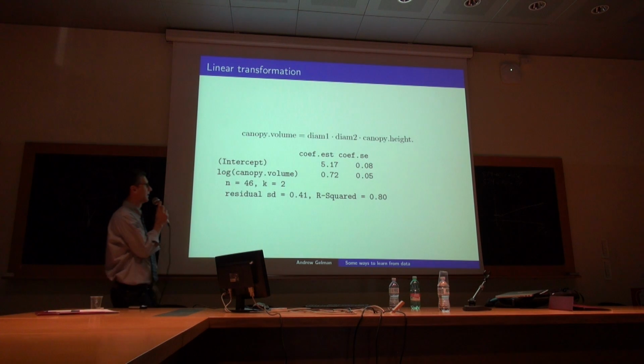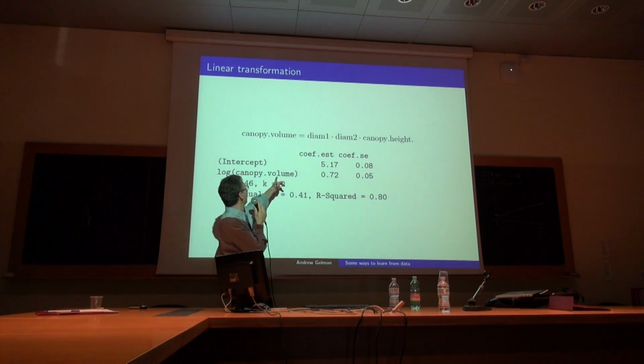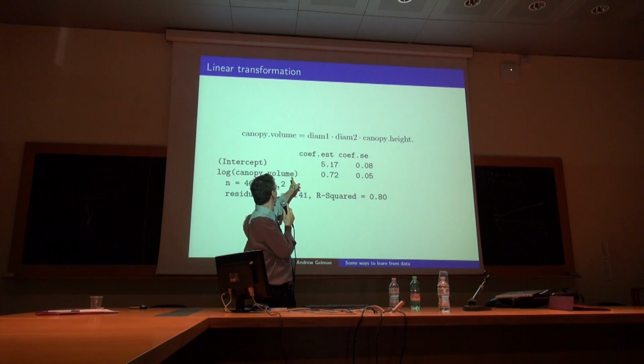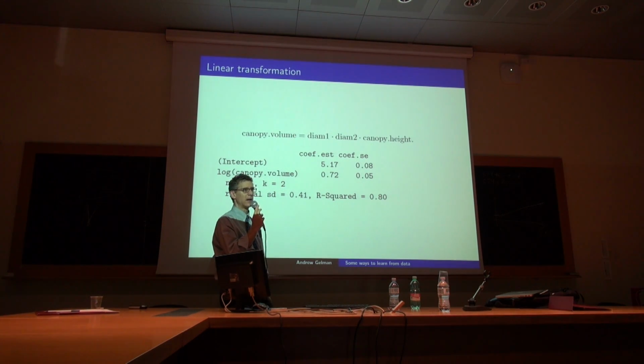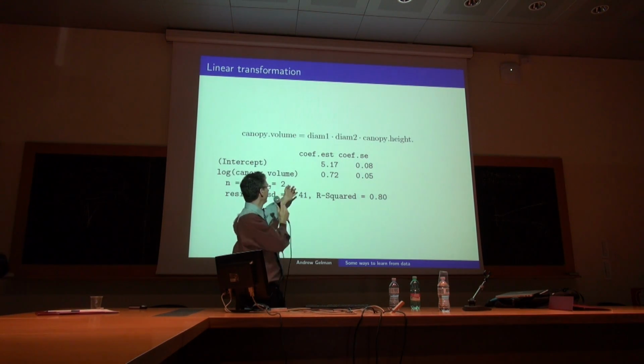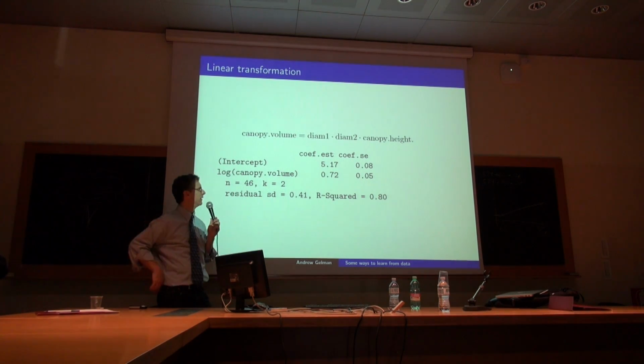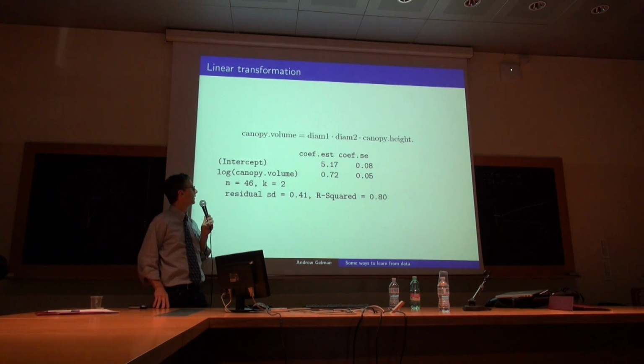And so then you get this coefficient. The weight of leaves you get is like the volume to the 0.72 power, right? In economics terms, the elasticity of canopy volume, when you're predicting the weight of the leaves, is 0.72.